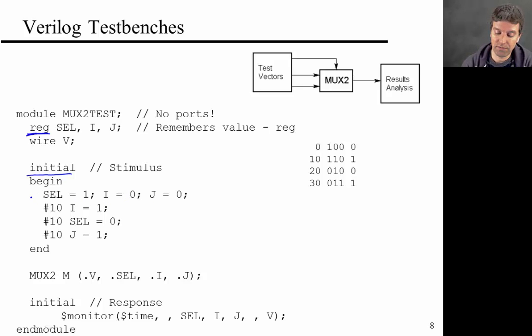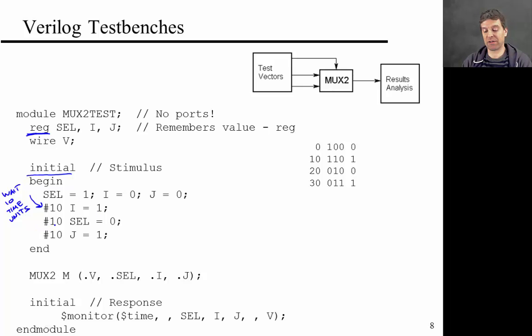Then this hashtag 10 here means wait for 10 time units. So it's a time delay. After that, switch I to 1 and keep the other ones the same.